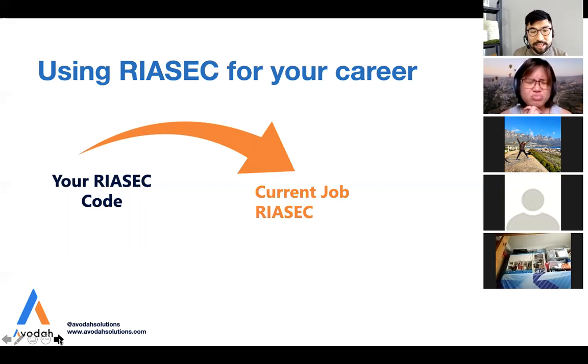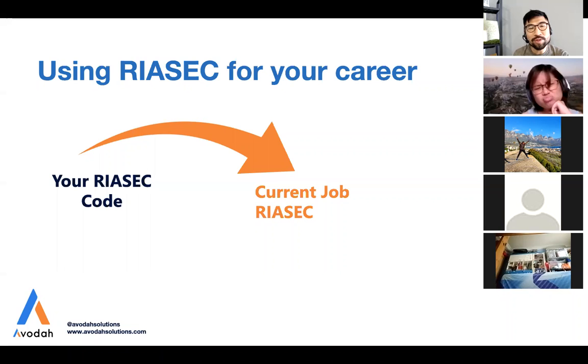And how you can use this, number one, you can use this to compare with your current job. I'll teach you how to identify the RIASEC from your job. Because knowing your RIASEC code is not difficult. All you need to do is just to log in by your SingPass to My Skills Future and you can get your own personal RIASEC code.